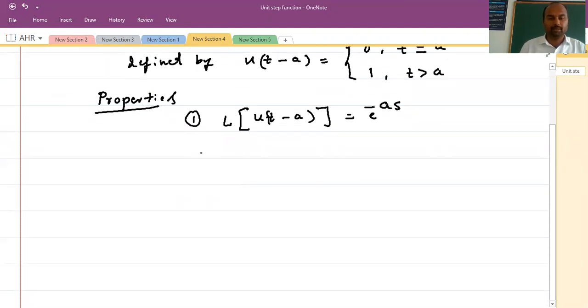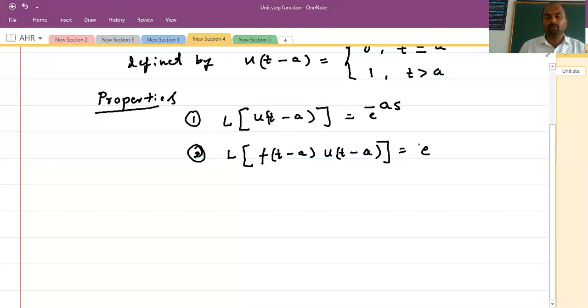And the second property: Laplace transform of f of t minus a into u of t minus a will be e to the power of minus as into f of s. So what does this f of s mean? Here, Laplace transform of f of t is f of s.